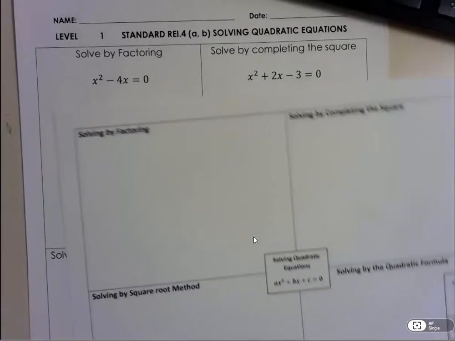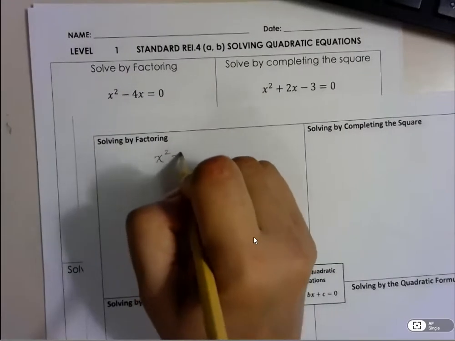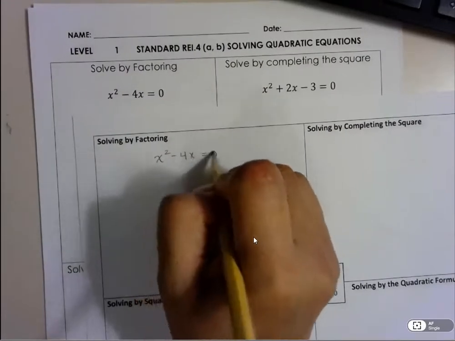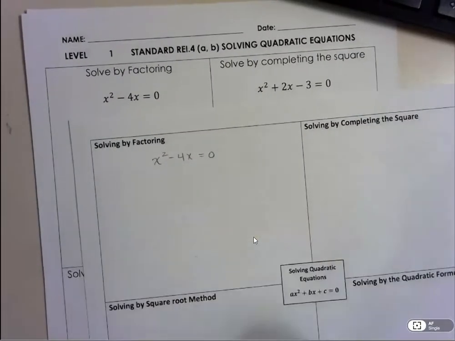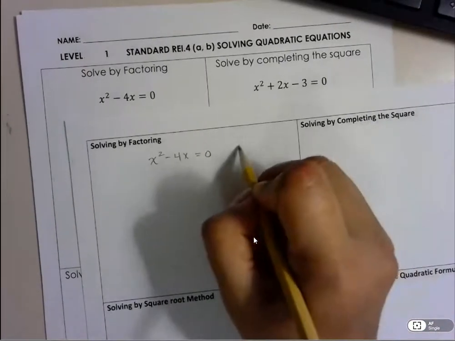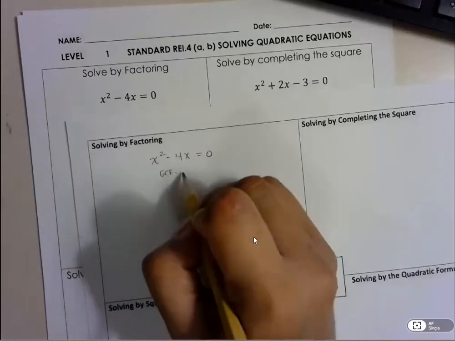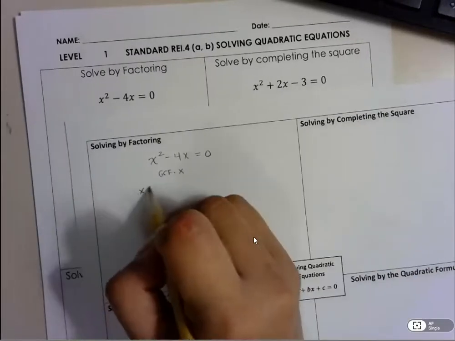I said the first one, you needed to solve it by factoring. So you'll have x squared minus 4x equals 0. When I look at this, which factoring technique am I going to use? I am going to use GCF. And the GCF here is just an x. And pull out the x.